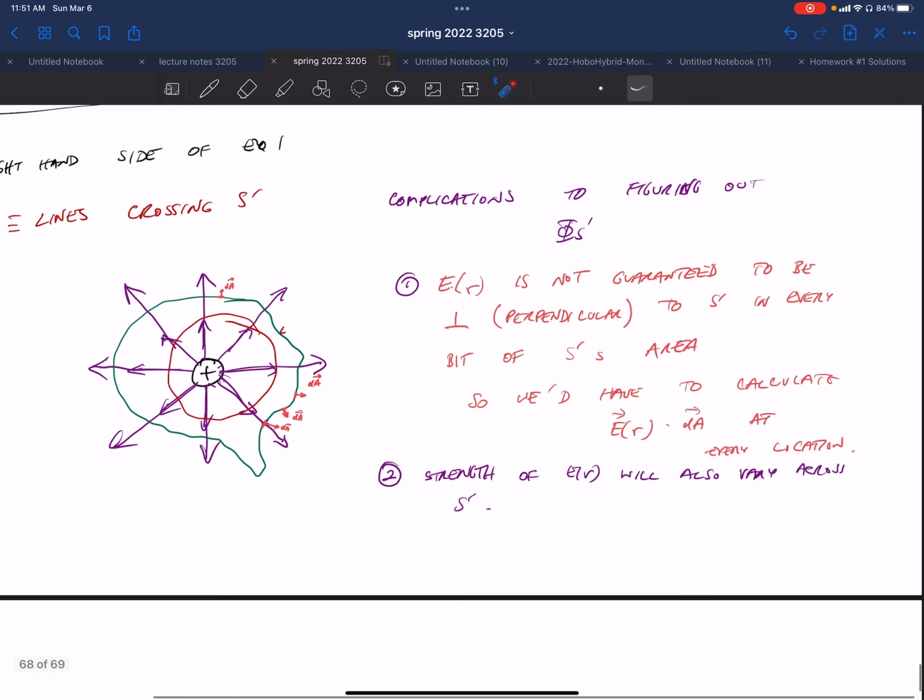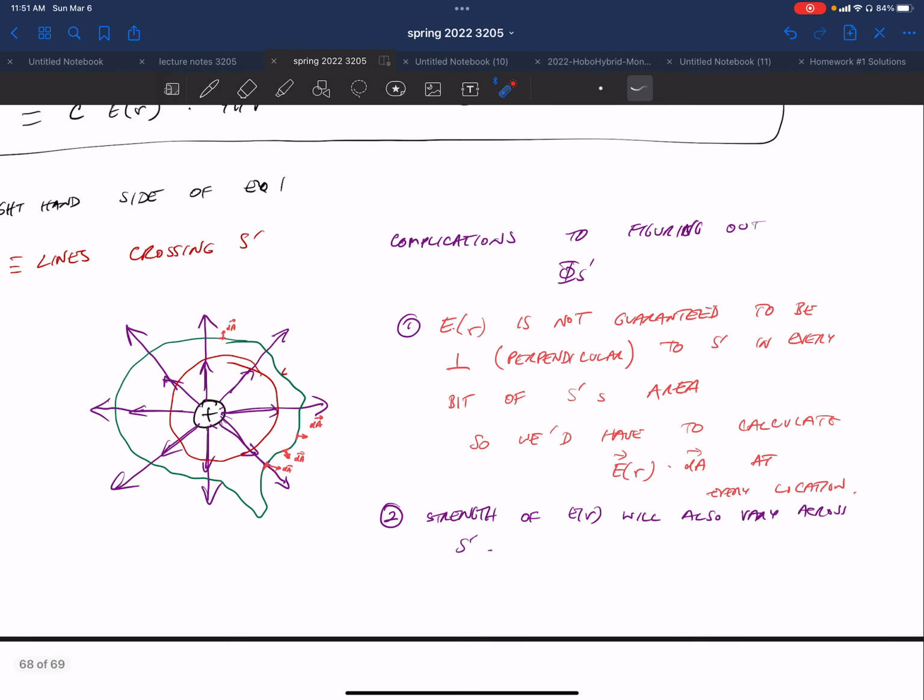That's the problem with any old random choice of shape for S prime: the same two things go against you here. One is that depending on how you drew this shape, the electric field coming out could be perpendicular to the shape or not, at any angle, depending on where it's coming out.